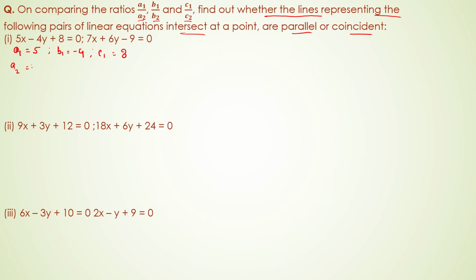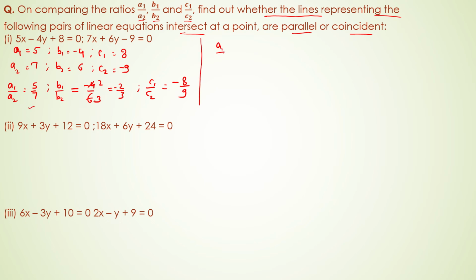We have a2 as 7, b2 as 6 and c2 is -9. a1 by a2 is equal to 5 by 7, b1 by b2 is -4 by 6. On simplification, we get it as -2 by 3 and c1 by c2 is -8 by 9.